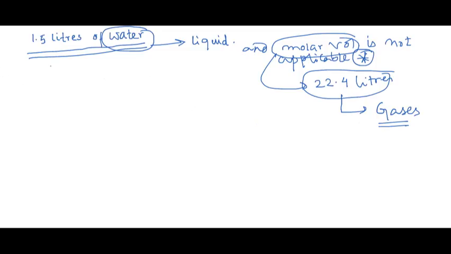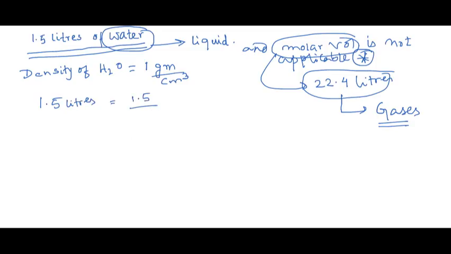It has been given 1.5 liters of water. Okay, fine. So first of all, we have to know the density of water. As a liquid, what is the density? We know it is 1 gram per centimeter cube. What has been given over here? 1.5 liters.